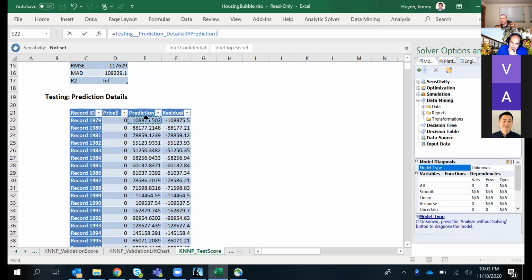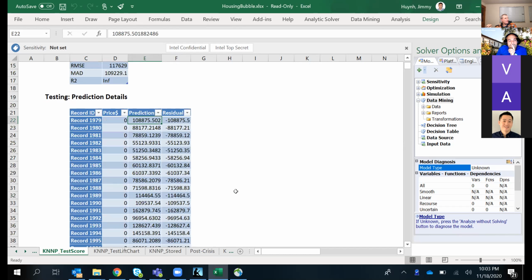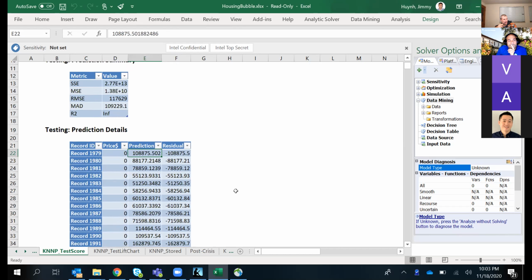Wait, so Mark, you said it doesn't matter that the records don't tie? Because this one is 1979, this one is 1658. Go back to the other one. That's testing prediction. No, that was the pre-crisis.